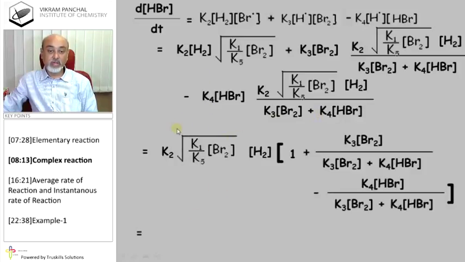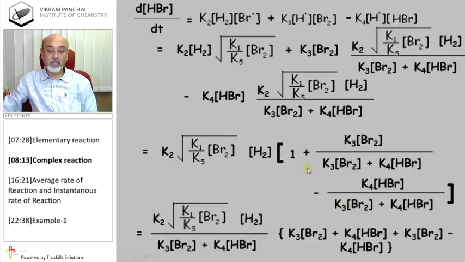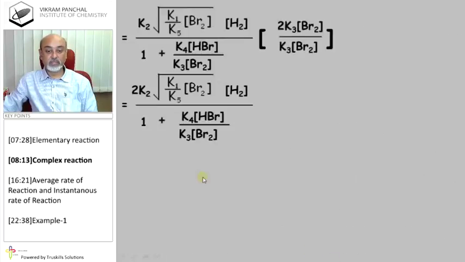Well, if you keep K2 H2 under root K1 upon K5 Br2 common, then we have this equation. And if you simplify this, you will get this formula. Then we have this.